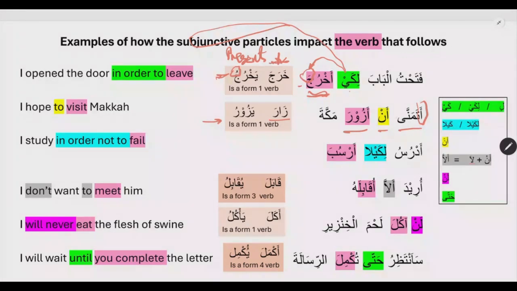Okay, so this must agree here as well. So it's the first person here. It's a reference to both of them showing I and I. Right? And you notice the feature here that the verb takes the fatha, not case ending, sorry, the mood ending. Adrusu, li-ka-la, this is the negative of it. Arsuba, again you have the fatha coming in to show the subjunctive mode.